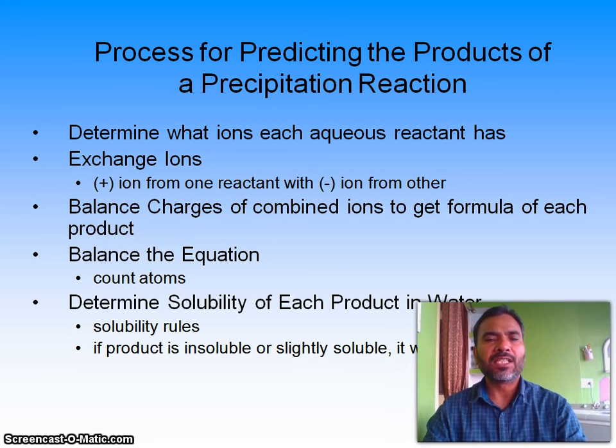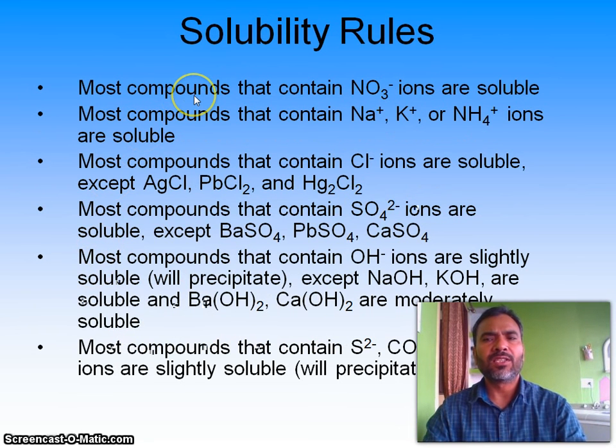If a product is insoluble or slightly soluble, it will precipitate. So what are the solubility rules? Most compounds that contain nitrate ions are soluble. Most compounds that contain potassium, sodium or ammonium ions are soluble. Most compounds that contain Cl minus ions are soluble, except silver chloride, lead chloride and mercurous chloride.